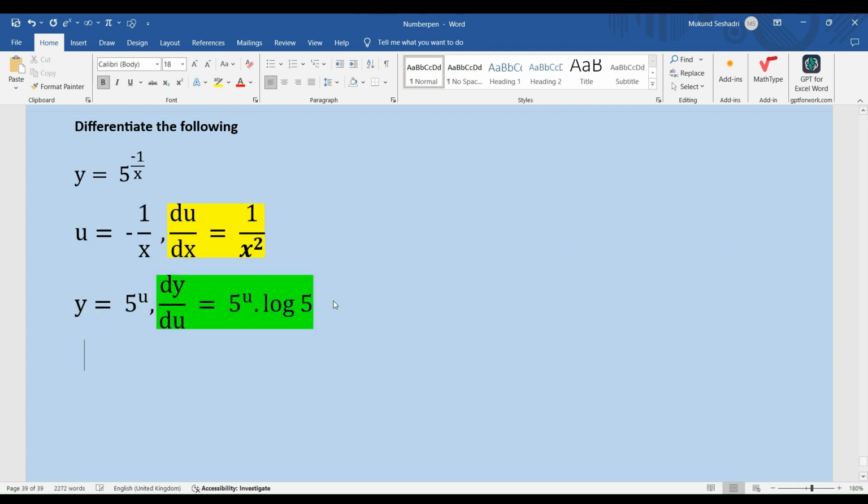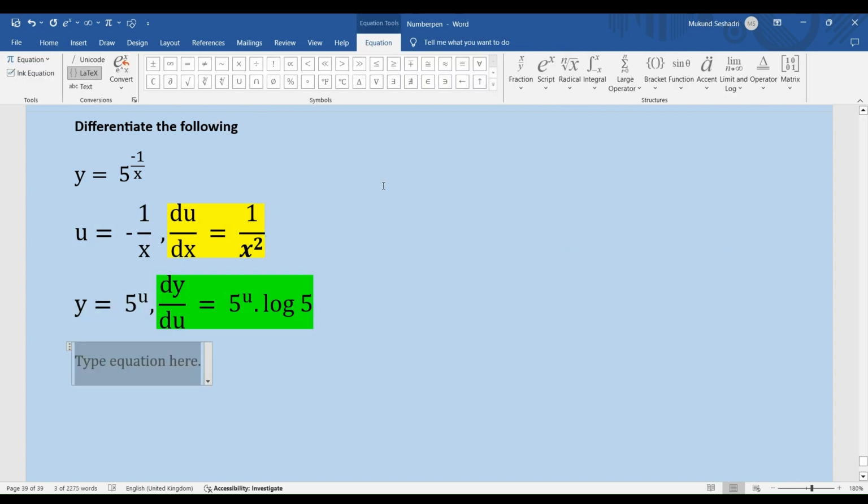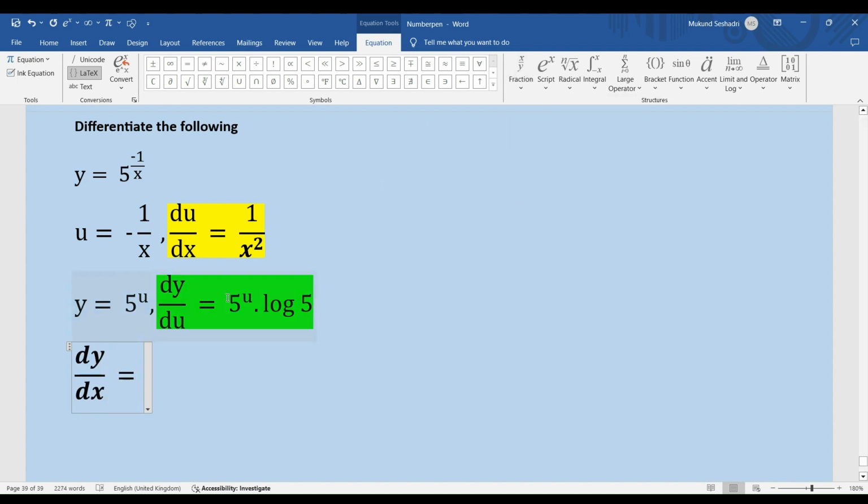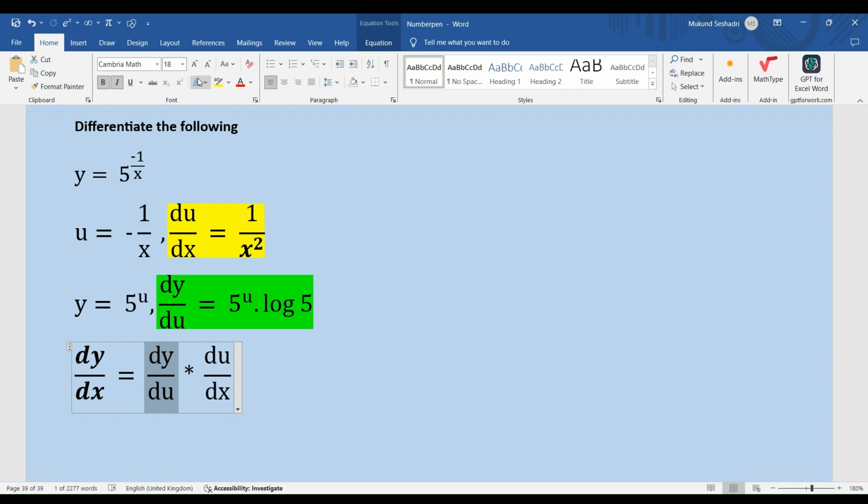So now I go to my final step, which is my dy by dx. My dy by dx, application of chain rule, is nothing but dy by du into du by dx, right? So my dy by du is what we have highlighted in green.